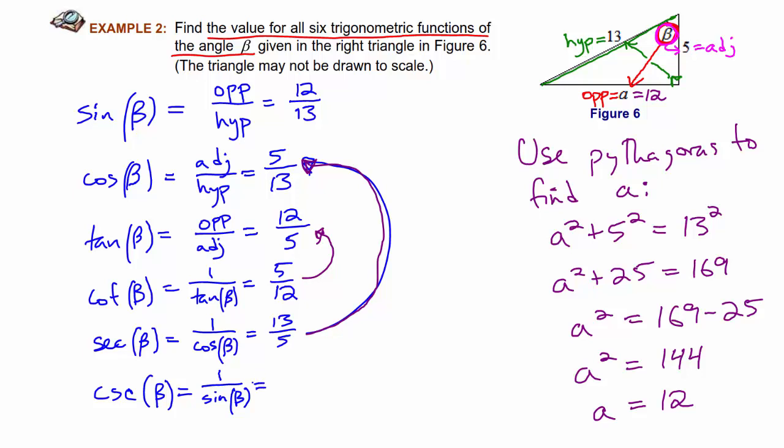And so we can just consult our sine value, which was 12/13, and therefore our cosecant value must be 13/12. So we're able to find the value for all 6 trig functions for the angle beta.